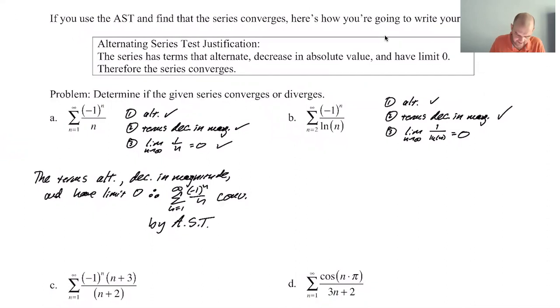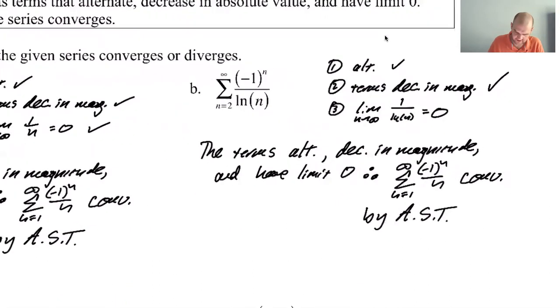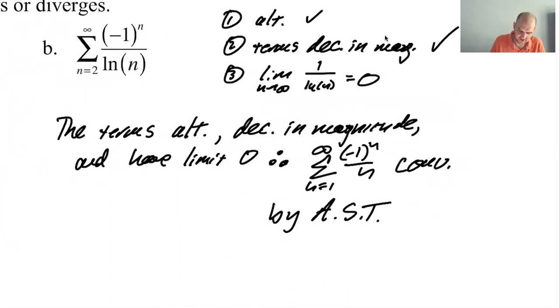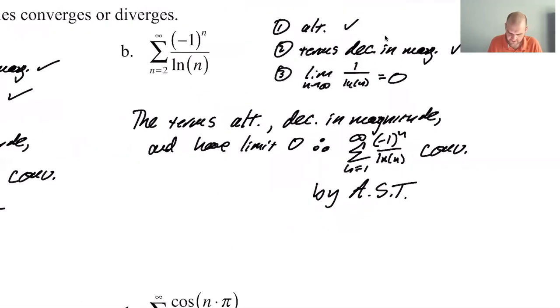And so we should write that down. To write that down, I'm going to copy this and just replace it. I'm just going to modify this to say the natural log of n. That looks gross. I'm going to fix that. So the terms alternate, decrease in magnitude, have a limit of 0.